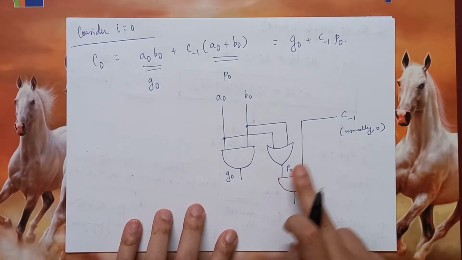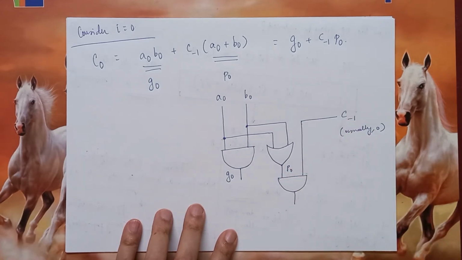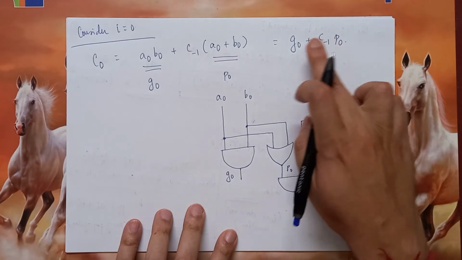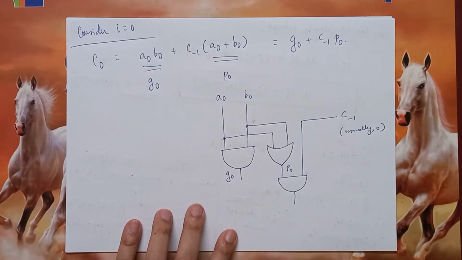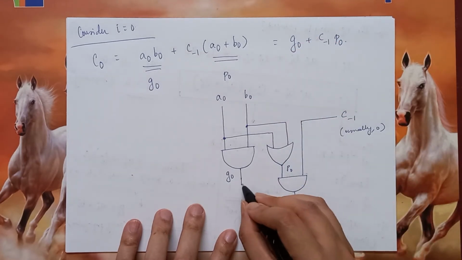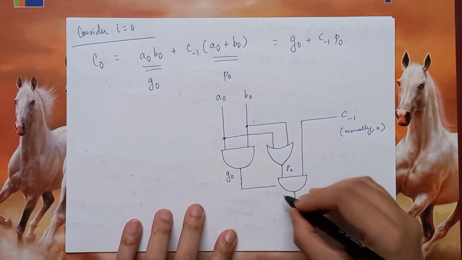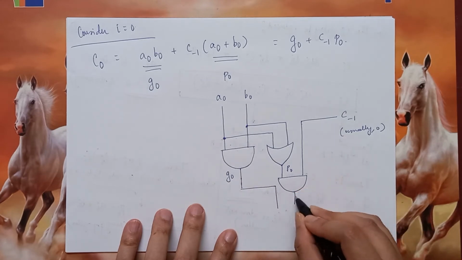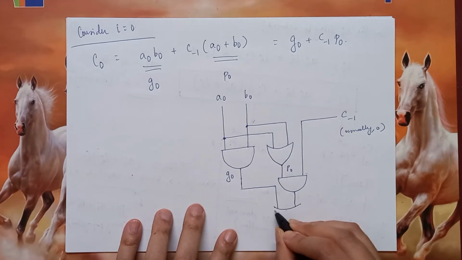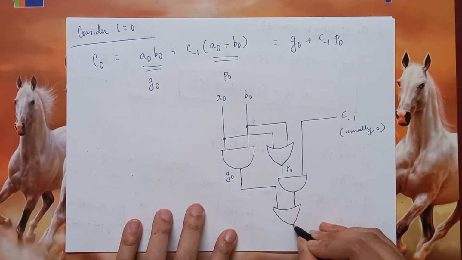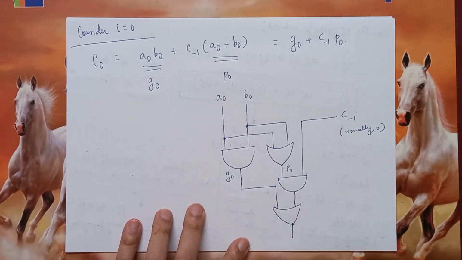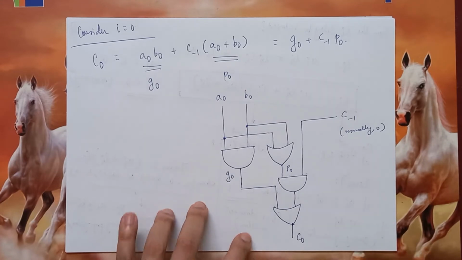This gives us P0 times C minus 1, which has to be ORed with G0. So this is what we will keep. And this output is C0.